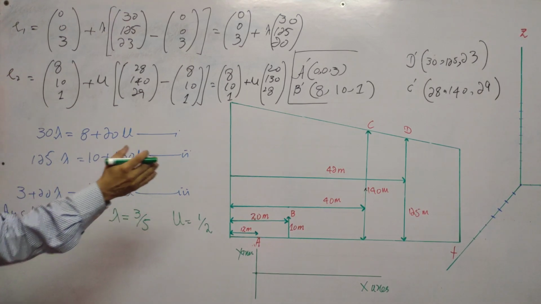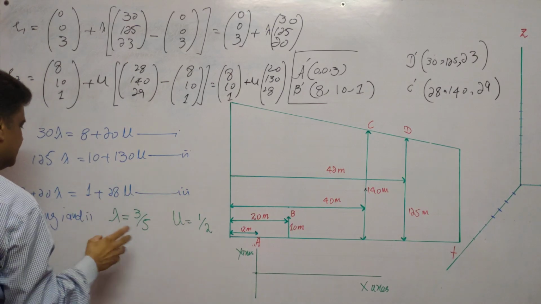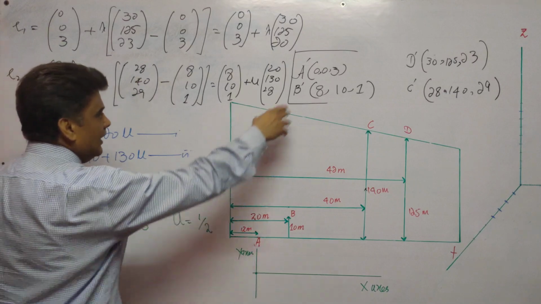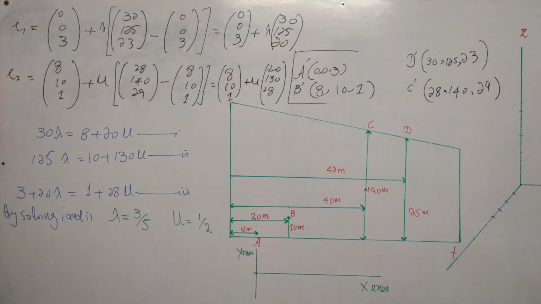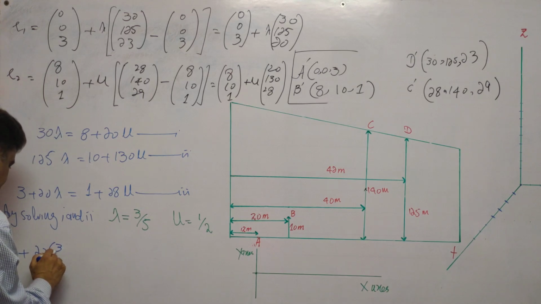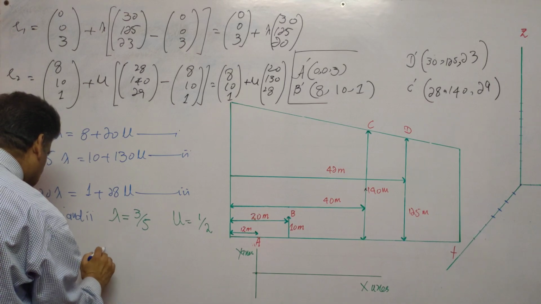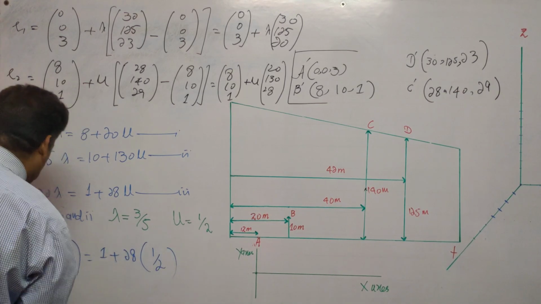We put the values of lambda and mu in the third equation, which remains untouched. If it is satisfied, the beams of light intersect. Hence 3 plus 20 times lambda, which is 3 by 5, is equal to 1 plus 28 times mu, which is 1 by 2.